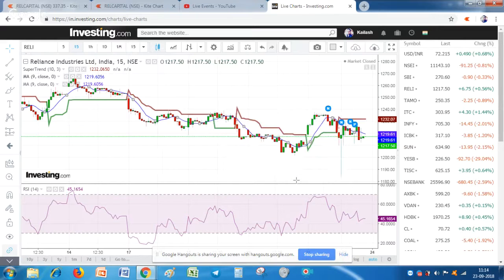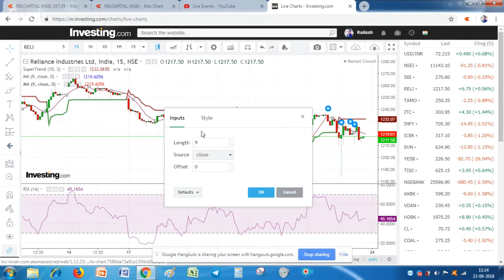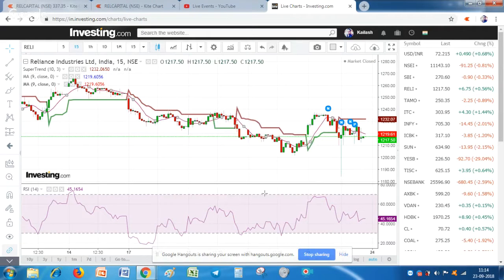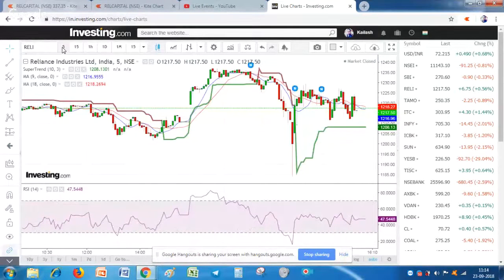The other moving average we will change to some red color, and let us make it double, that is 18. Our time frame should be 5 minutes only. For intraday, the 5 minutes time frame is quite reliable.